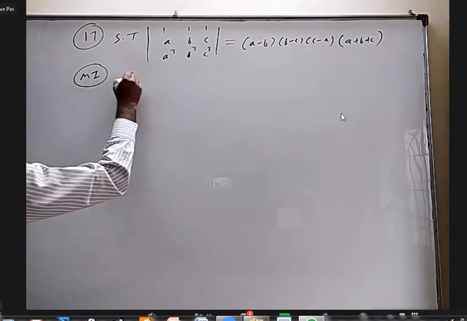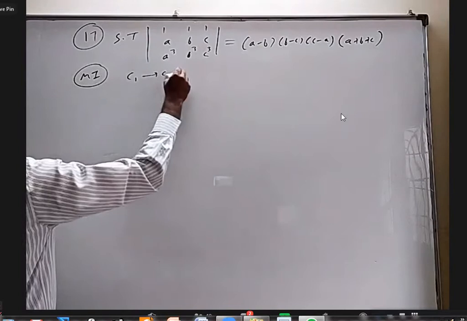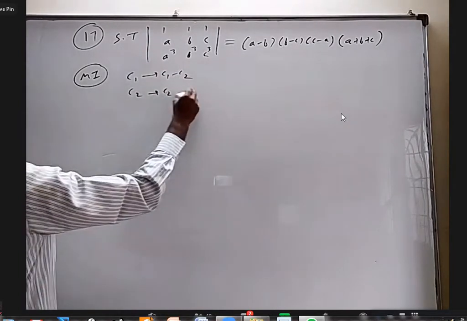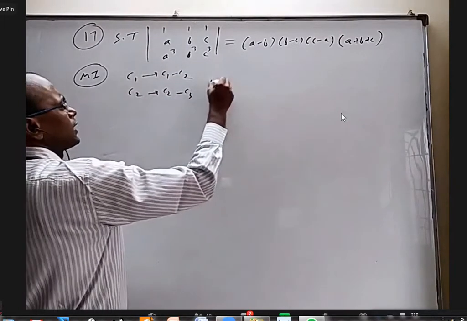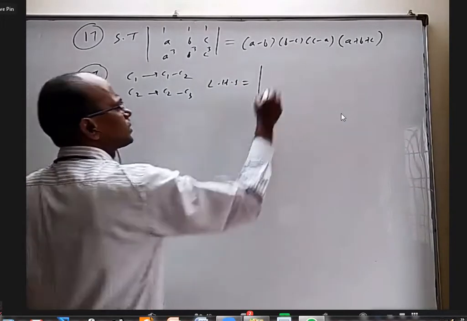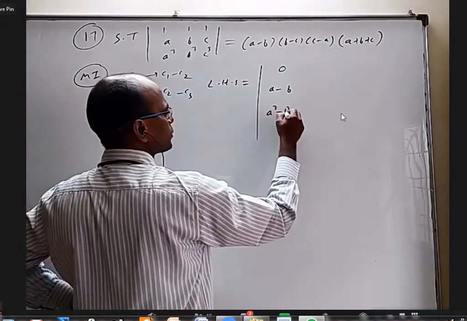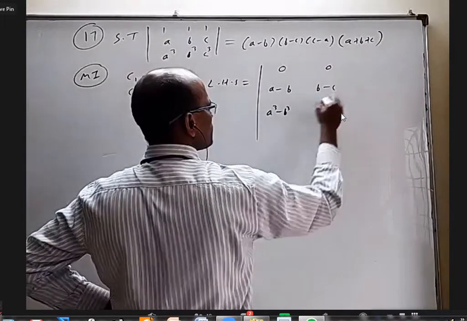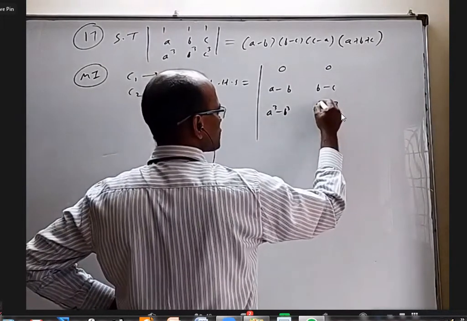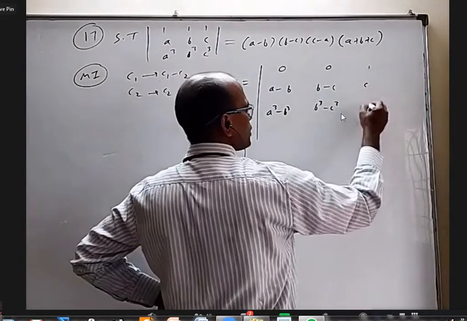Okay, so column 1 as column 1 minus column 2, column 2 as column 2 minus column 3, then LHS will be 0, a minus b, a cube minus b cube, 0, b minus c, b cube minus c cube, and 1, c, c cube.